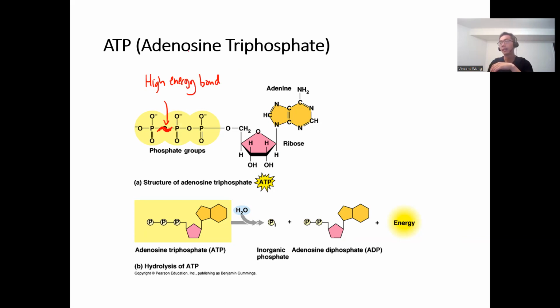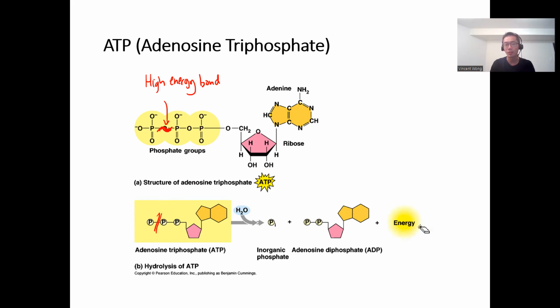When you break that high energy bond, energy will be released, and you can use that energy to do various things. Here is an equation that shows you what's going on. We have the ATP, triphosphate. When you add a water molecule, you chop off the last phosphate, and then you release the energy.